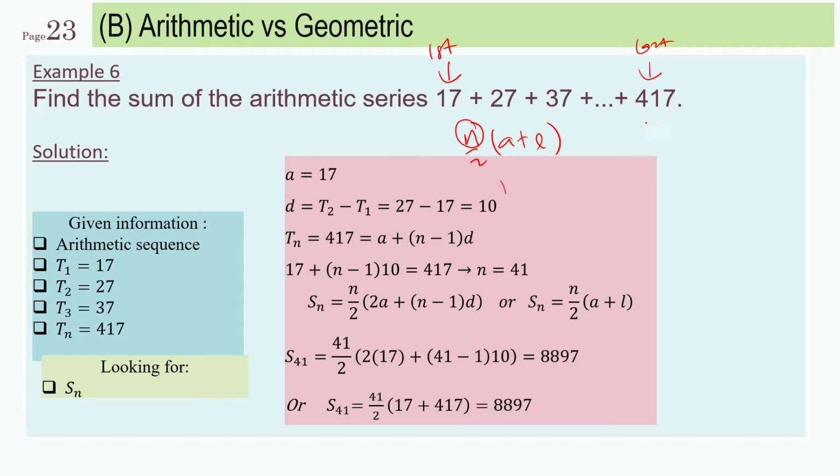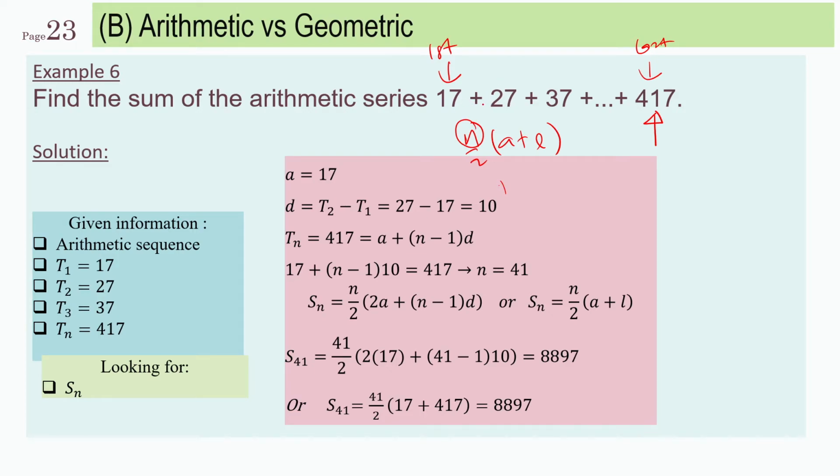So now we need to investigate which term is our 417. So then we use the general formula Tn equals a plus (n minus 1)d for the 417, and I know 17 is my first term.